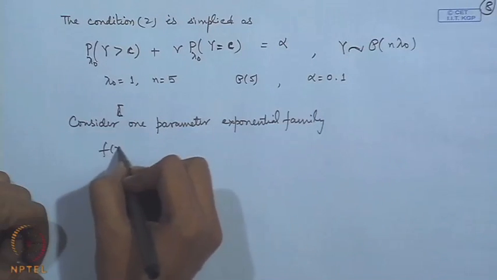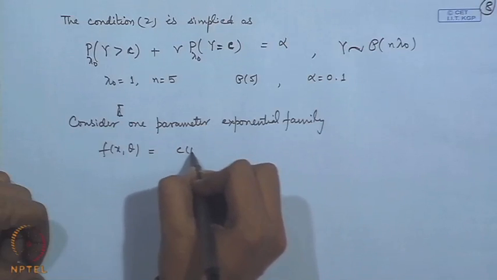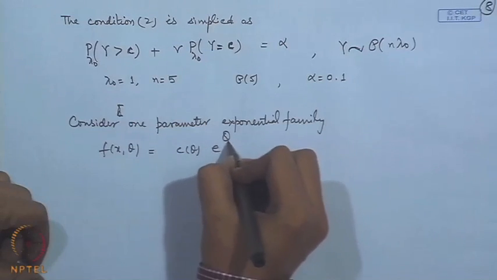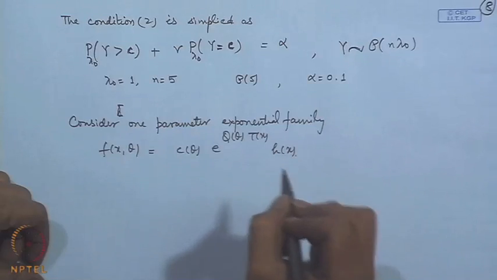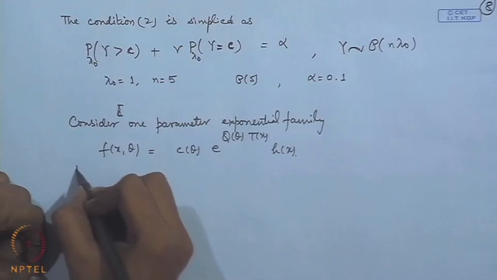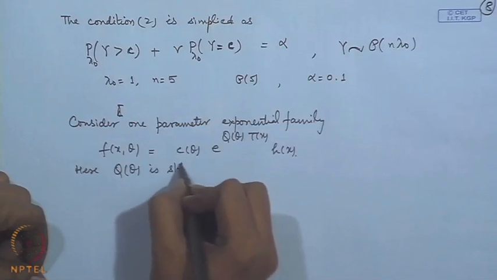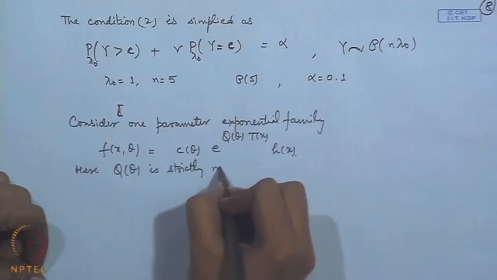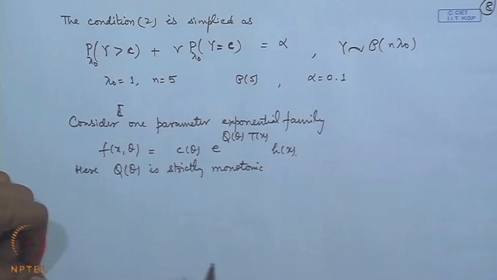We are considering the form of the probability mass function or the probability density function as c theta e to the power q theta T x into h x. Here the q function is a strictly monotonic function. That means it could be monotonically increasing or monotonically decreasing.